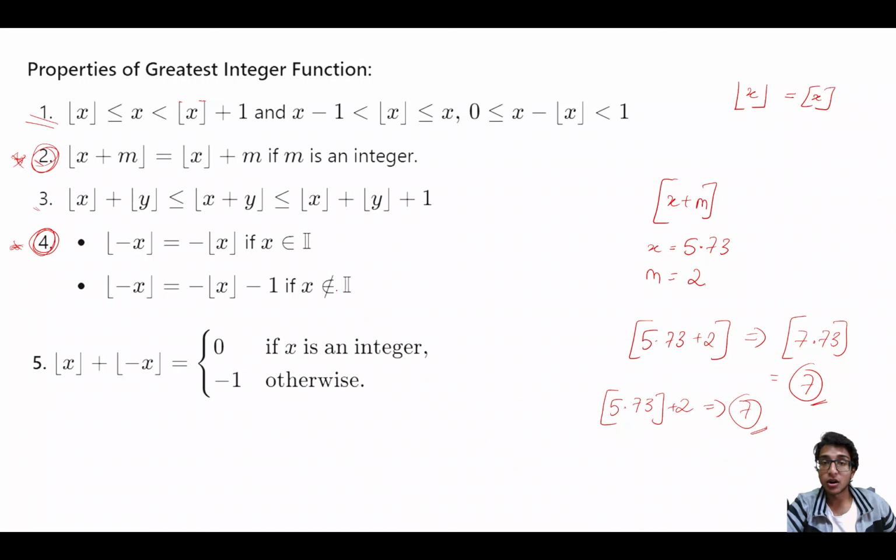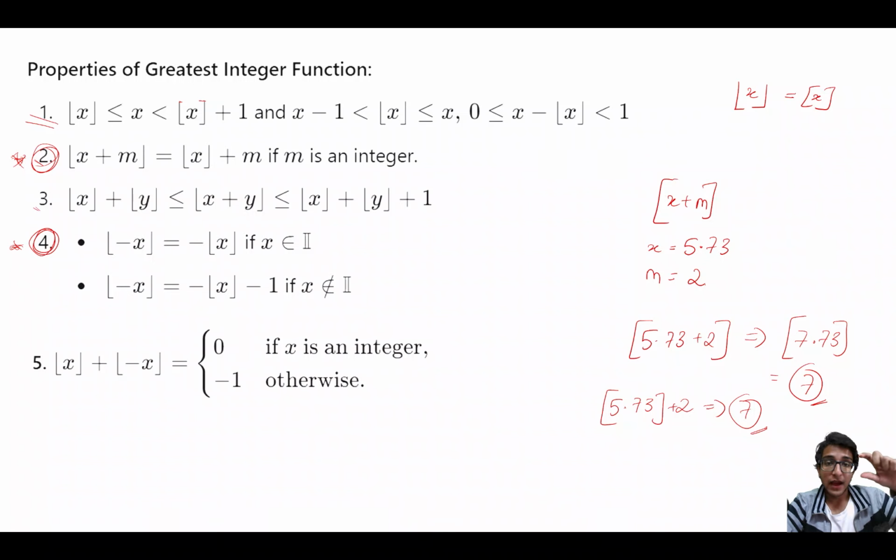Now if x is not an integer, let's say x is 5.7, then the greatest integer function of minus 5.7 would be minus 6. So what we do is we take the minus outside. Now we have 5.7, its greatest integer function would be 5, and we would get minus 6 as the answer.